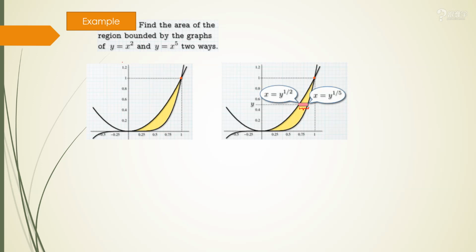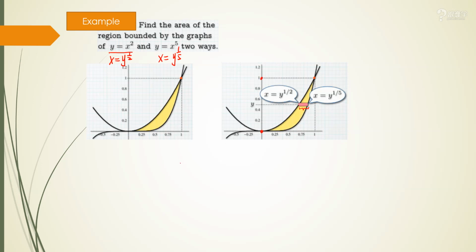So we firstly solve for x from the first equation, which gives us x equals the square root of y. And for the second equation, we have x equals the fifth root of y. Now everything is easy. We find that the y-coordinates of the region extend from 0 to 1.